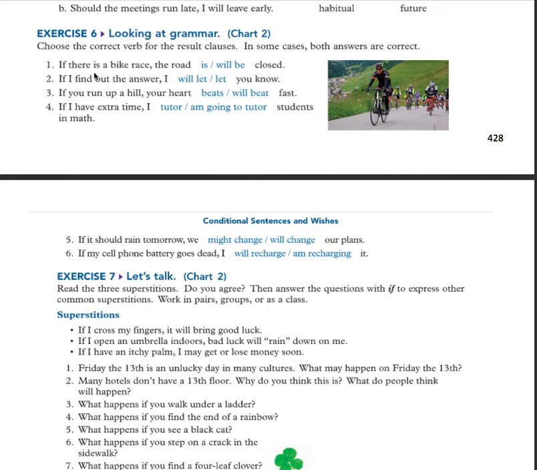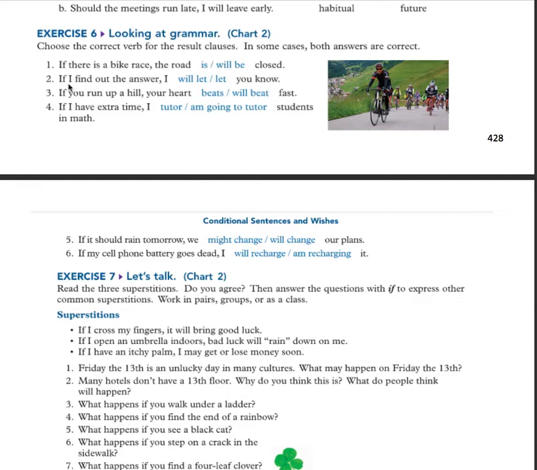In this particular case, if there is a bike race, the road is closed and the road will be closed. They always close the road. Okay, they always close the road. That's established. That's a general truth. And the road will be closed. That's also a general truth. So you can use both for number 1.